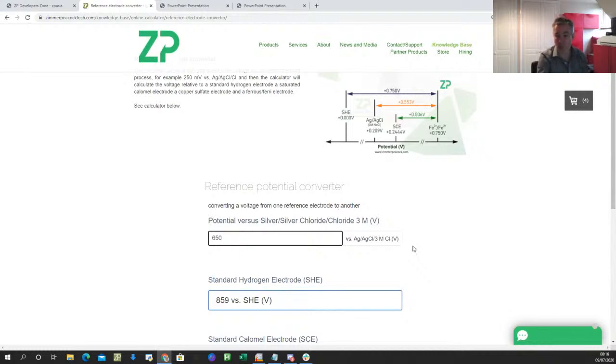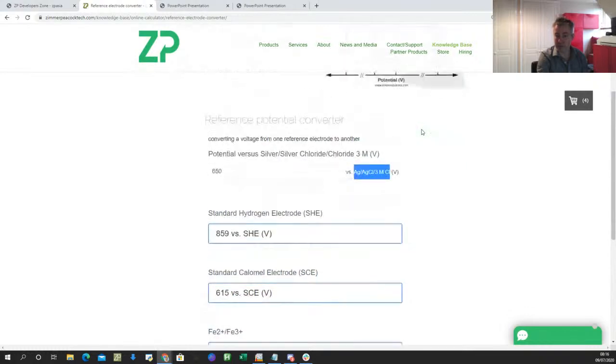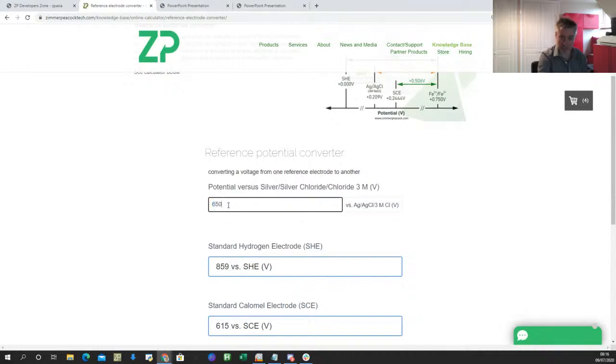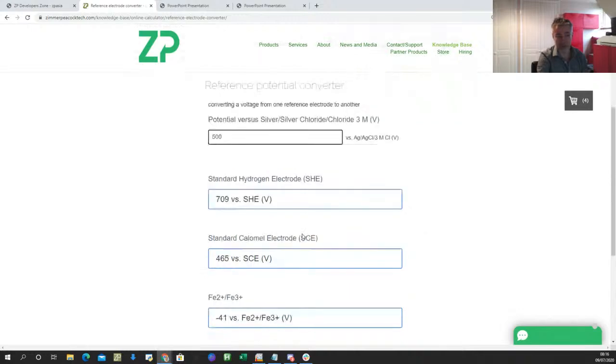Scientifically, we should actually be reporting which reference it is versus. And if you ever read a paper and they say versus SCE, you can basically use a scale like this to convert between them. So, I can quickly say, if it's 500 on this one, and I was using a saturated calomel electrode, then I should really be applying 465 millivolts.